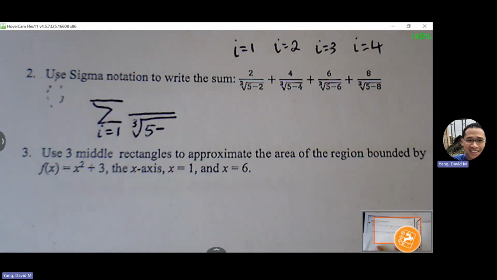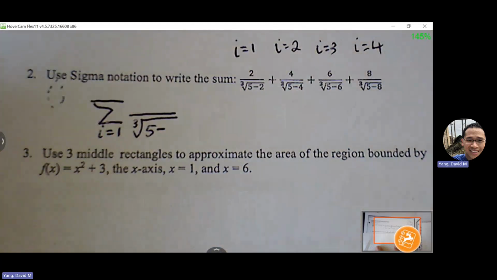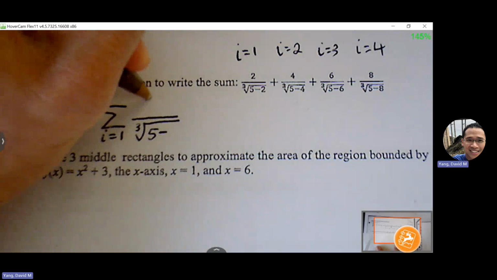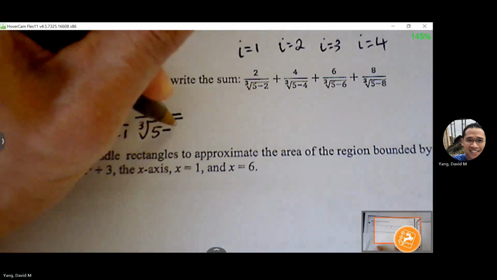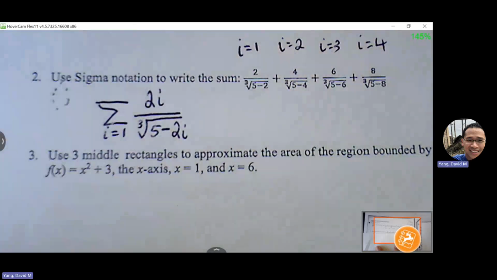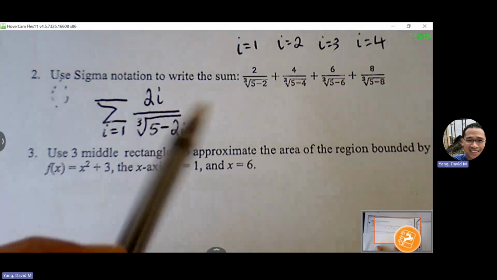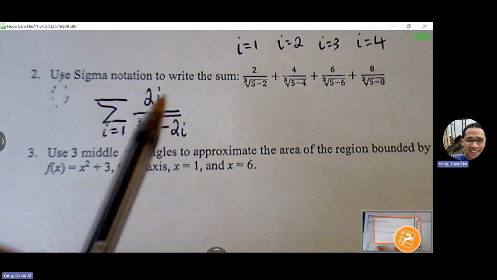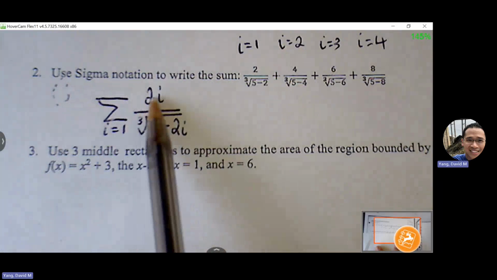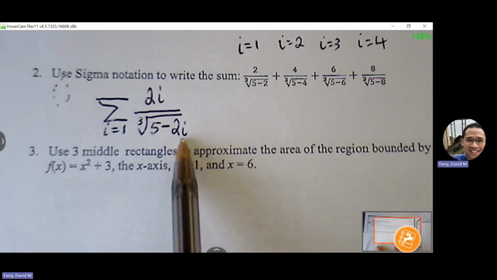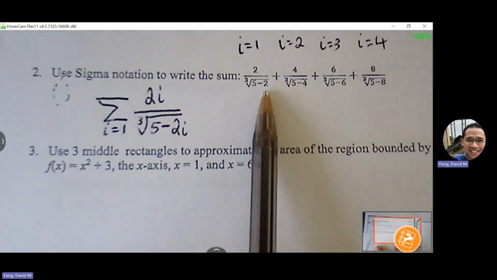You should be able to convince yourself that, okay, this is definitely correct because it works. So you never have to guess and not be sure. I would always write it out, but always test it out, because if it's not correct, you can always go back and adjust it. But let's test this out here. If I plug 1 in for i, 2 times 1 is 2, so that proves the first term.